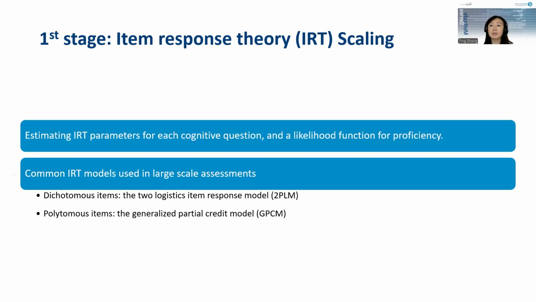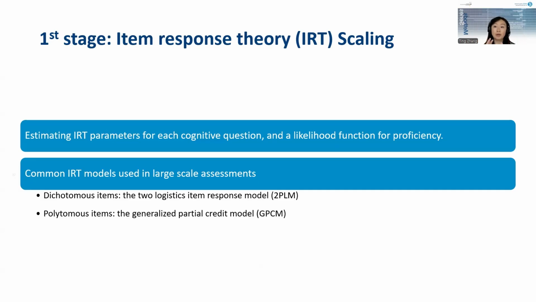Through the IRT models, we get 2 outcomes. First is the item parameters for those items. Second is the participants' likelihood functions for their proficiency. Usually for a standard test in which each respondent took all the items, we end here: just 1 score from the IRT model, usually the EAP, is treated as a student's final score.